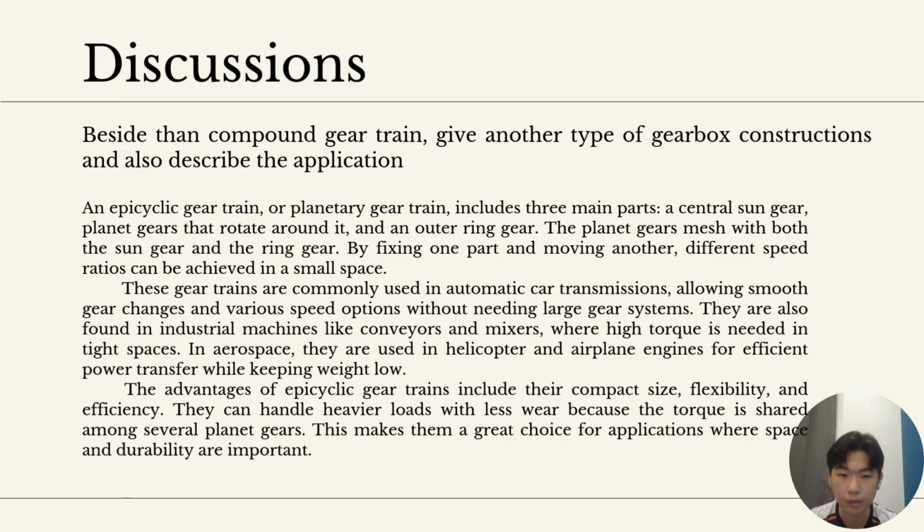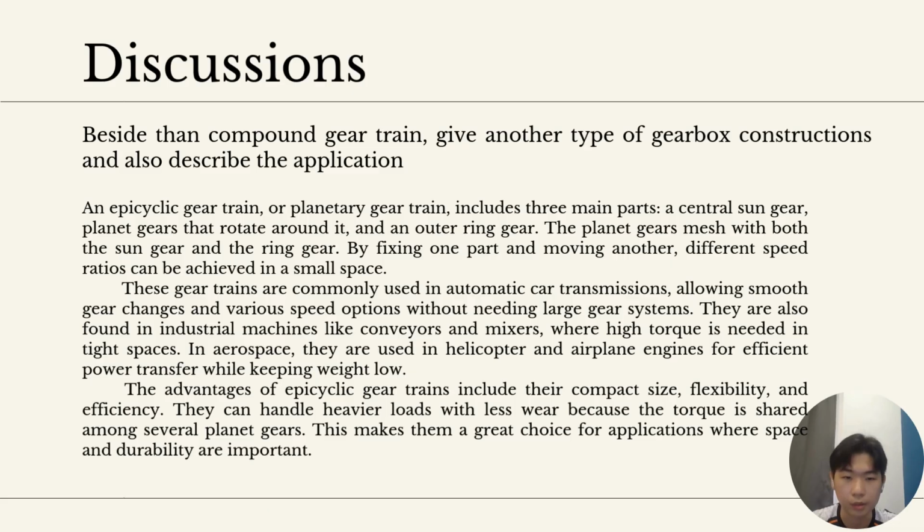By fixing one part and moving another, different speed ratios can be achieved in a small space. These gear trains are commonly used in automatic car transmissions, allowing smooth gear changes and various speed options without needing a large gear system. They are also found in industrial machines like conveyors and mixers, where high torque is needed in tight space.